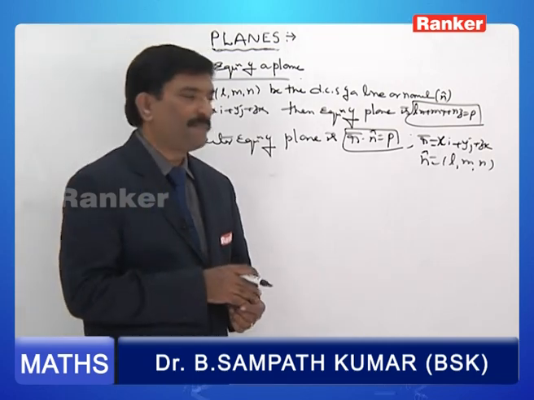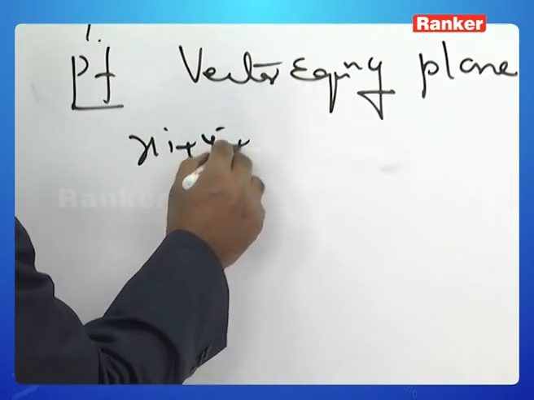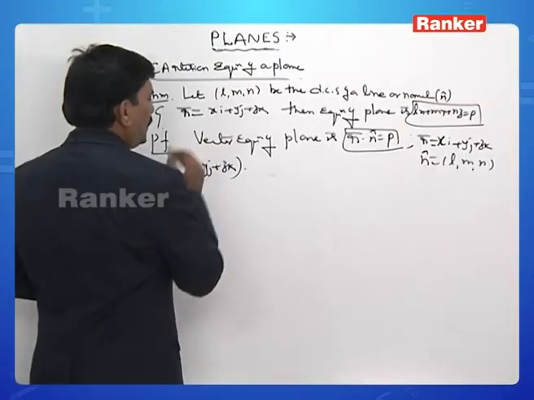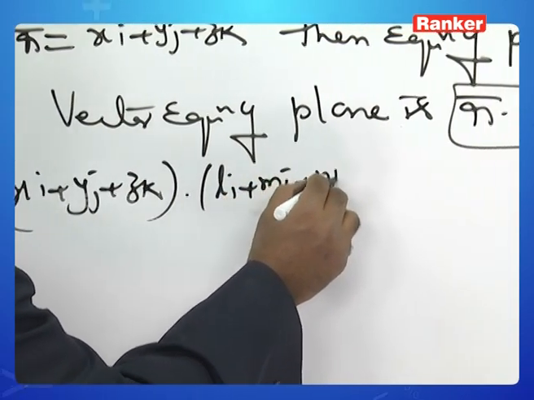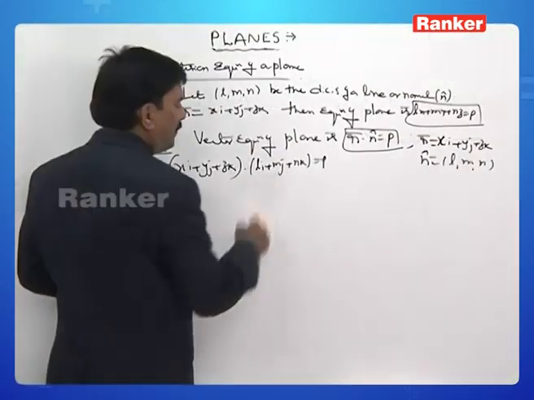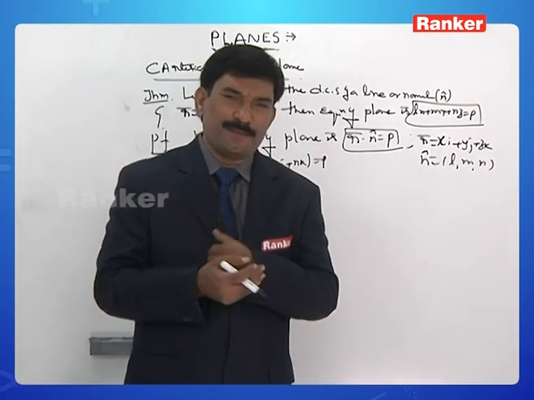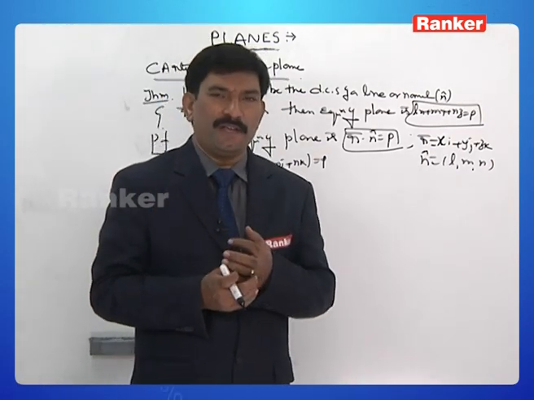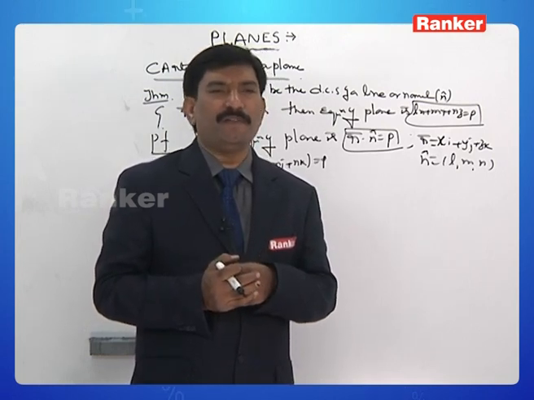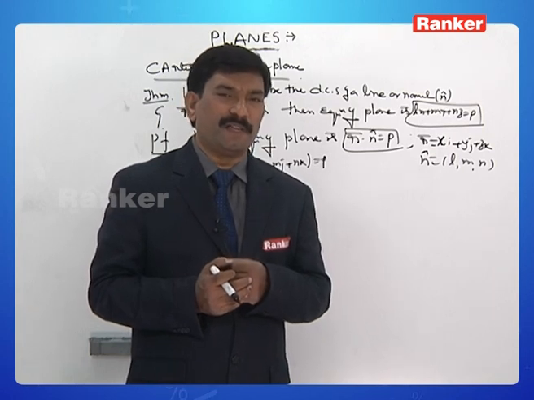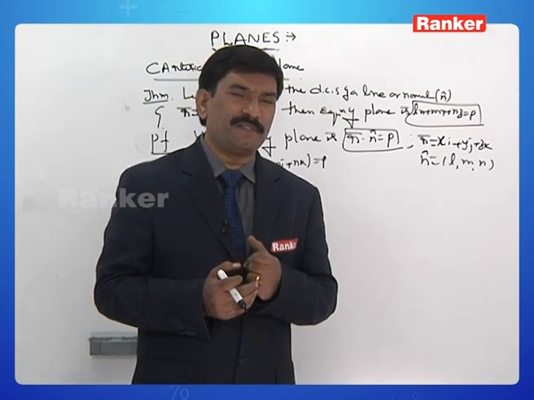Why DCS? So therefore, now you take xi plus yj plus zk dot li plus mj plus nk is equal to p, right? Take the dot product. If a bar is equal to a1i plus a2j plus a3k, and b bar is equal to b1i plus b2j plus b3k, then what is a bar dot b bar? a1b1 plus a2b2 plus a3b3.